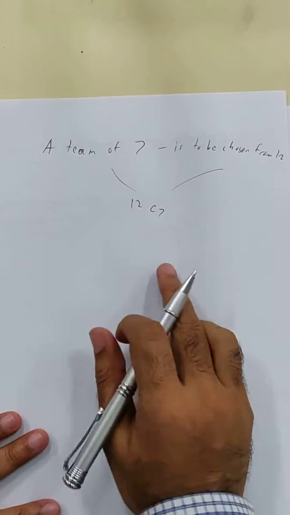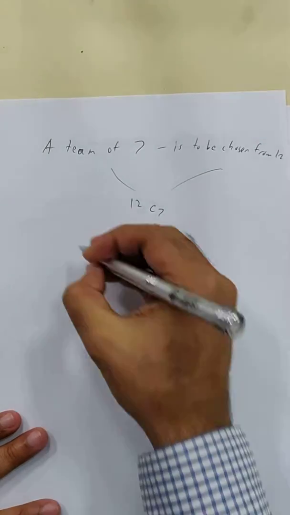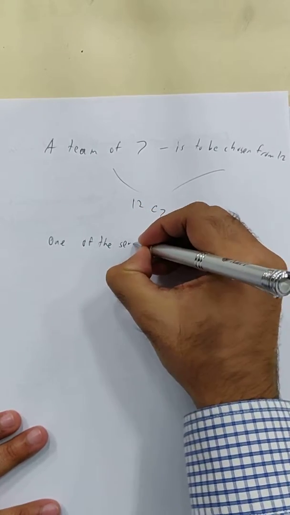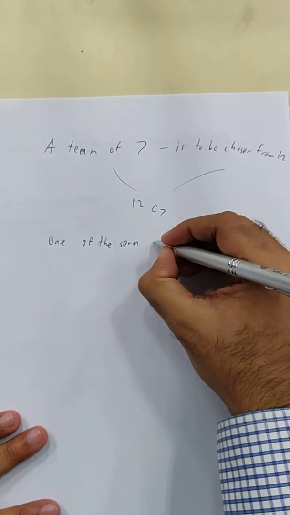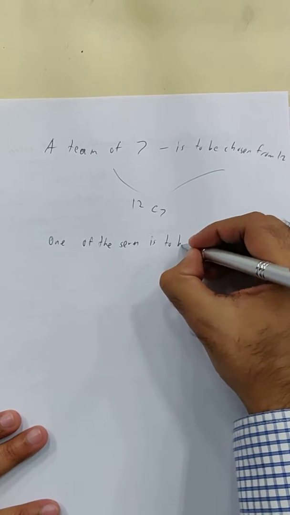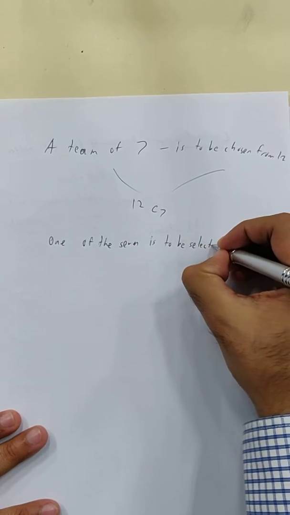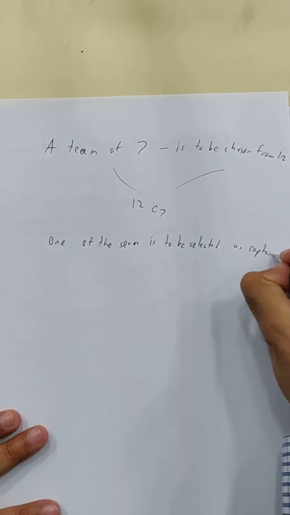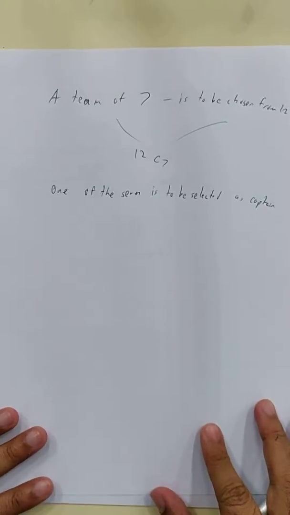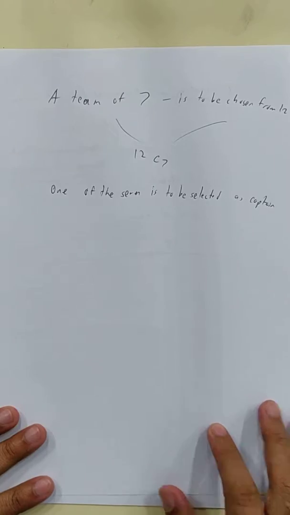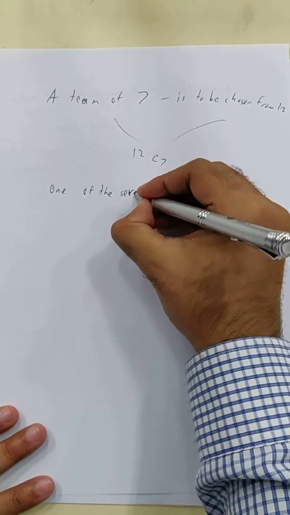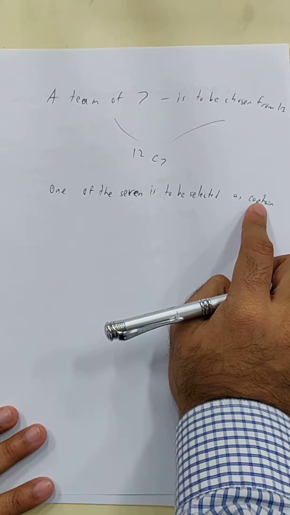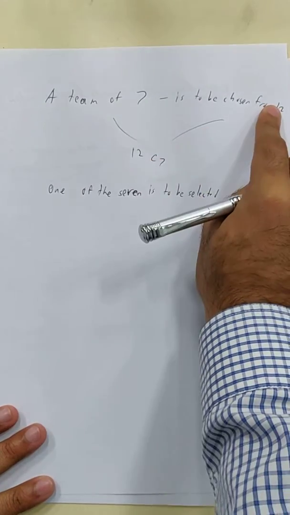Okay, and then it says here it's not over yet. One of the 7 is to be selected as captain. So what does it mean? You're going to select the captain from the 7, not from the 12.